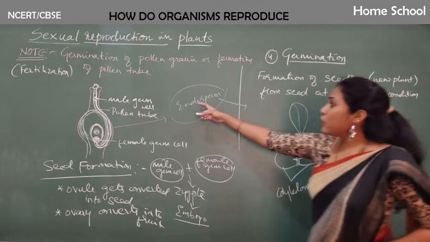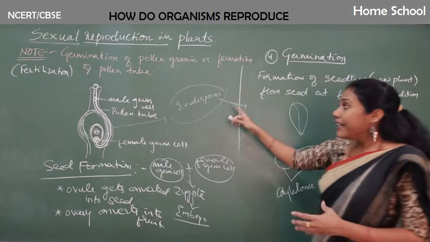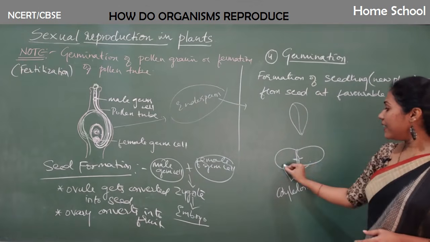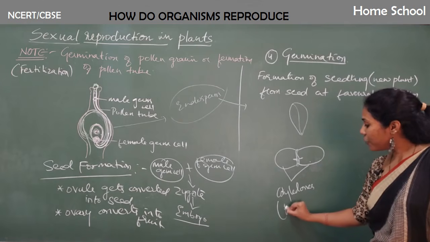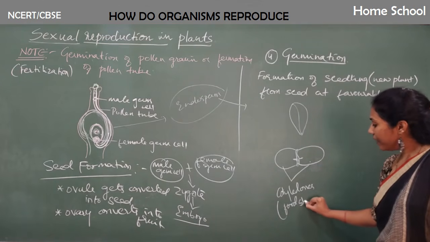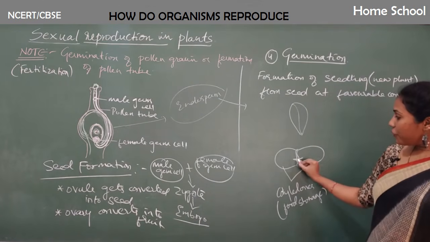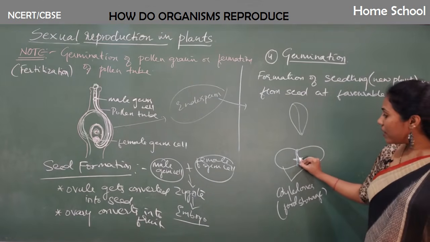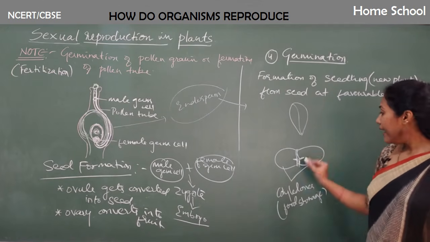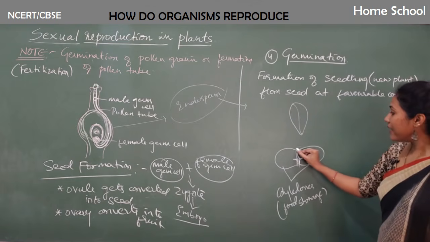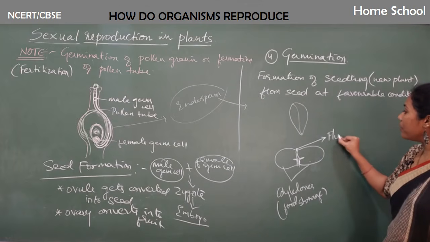At the initial stage endosperm has formed, it grows and develops into cotyledons. Cotyledons are nothing but a food storage, that's it. Food is stored in these cotyledons. So this food can be utilized by your germinating plant, right? It's an embryo. And this part is actually called plumule.